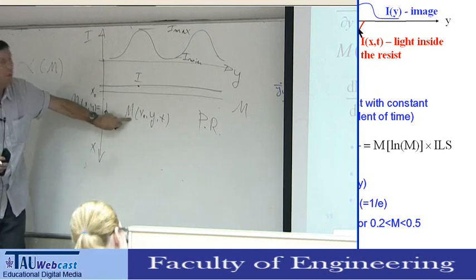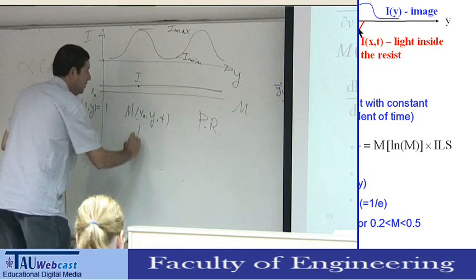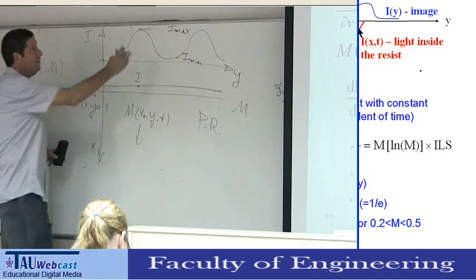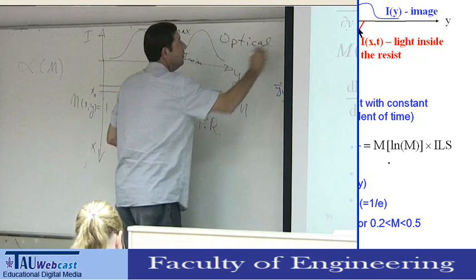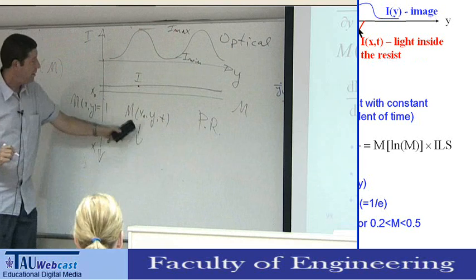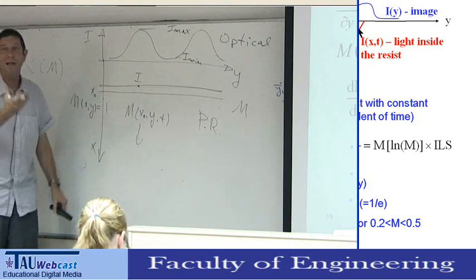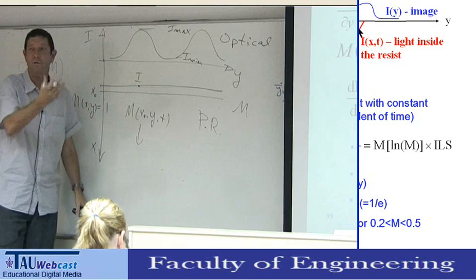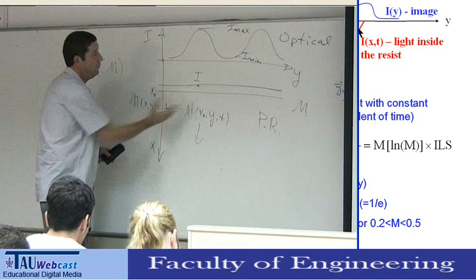Because this defines the latent image. This is not the image itself, this is the optical image. And M as a function of x, y, and t is the latent image. This is the chemical image, because this defines the quality of the photoresist.